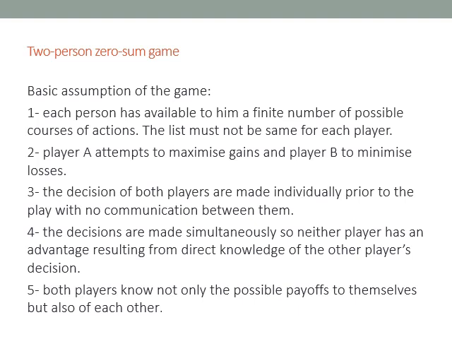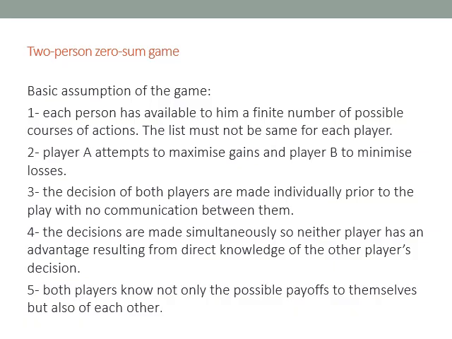Two-person zero-sum game. Basic assumptions of the game. Each person has available to him a finite number of possible courses of action. The list need not be the same for each player. Player A attempts to maximize gains and player B to minimize losses.